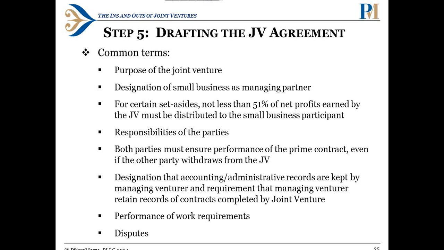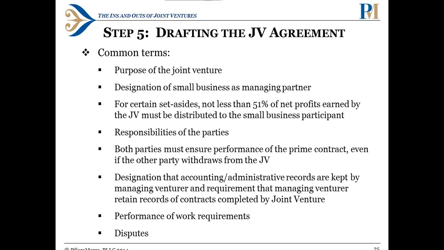So you may want to have the purpose be to submit a proposal on XYZ solicitation, or you may have a little bit broader purpose to, if you know what three you're going after, you can put them in, but that could restrict you also because you may be able to submit on more. So you want to define it in limited terms, but give yourself enough room.